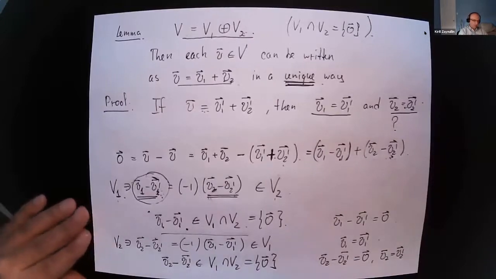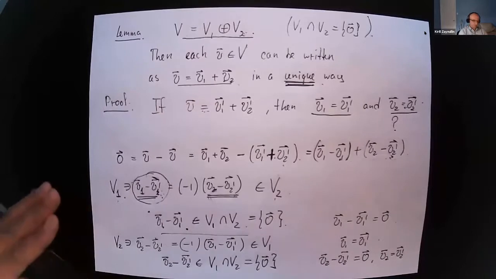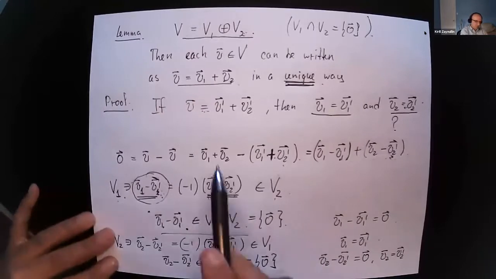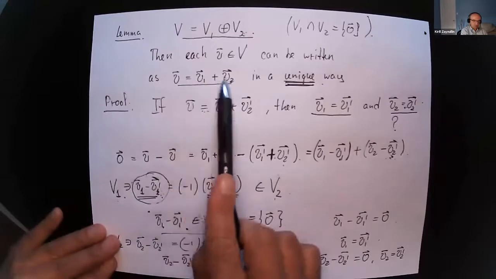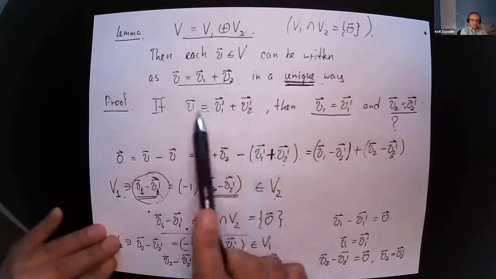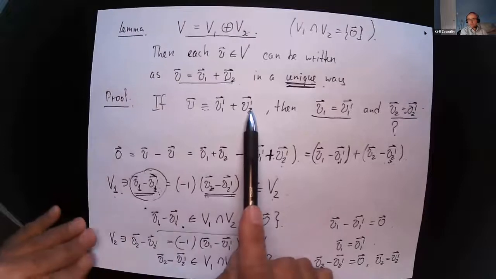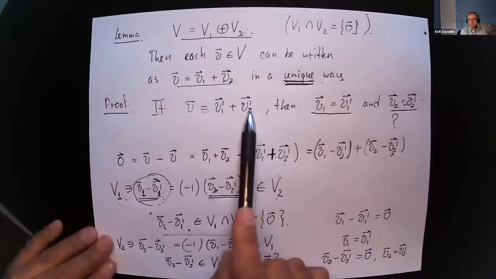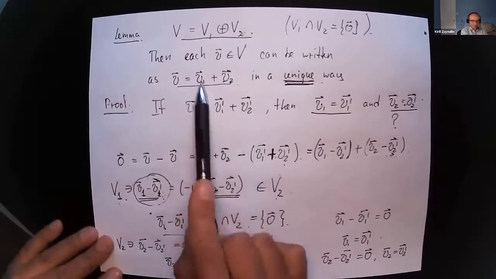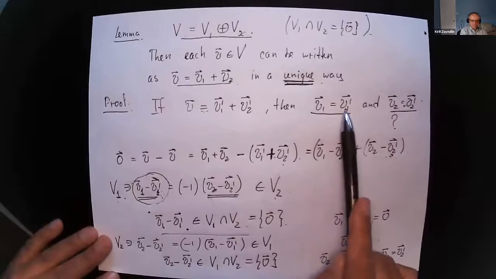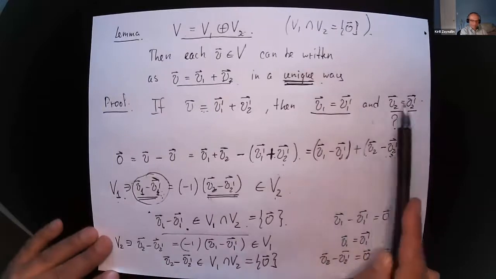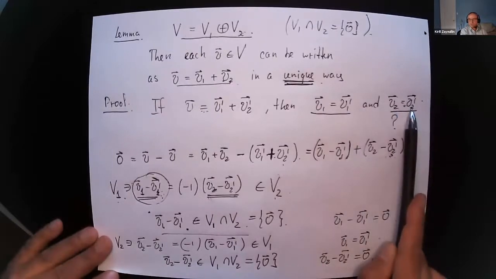So, summarizing our arguments, whenever we are given two expressions like this, basically we have only one expression, because whenever we write it down like this, it follows that V1 coincides with V1 prime and V2 coincides with V2 prime.